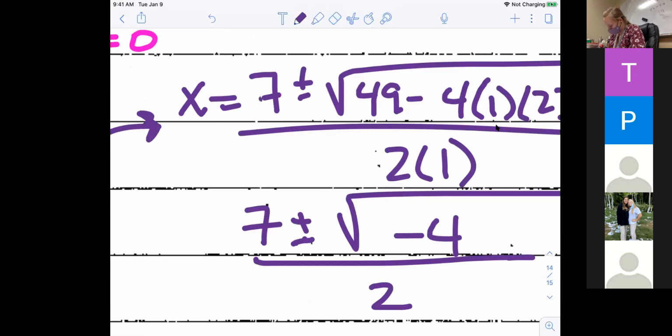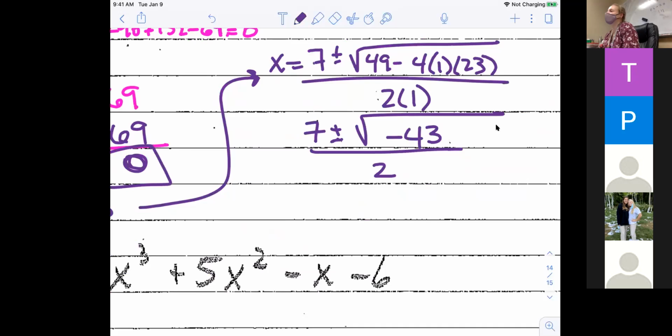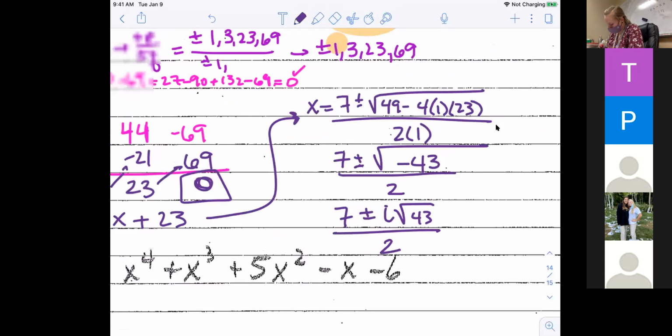Oh, this didn't work out as pretty as I wanted it to. That's a bummer. I wanted it to be nice and pretty with a 7i, but I guess it doesn't do that. So you can't make the math problem do what you want. What do I have to do with my last step here? Pull out i. I can't pull out anything else. I just get root 43. So it's 7 plus or minus i root 43, divided by 2.